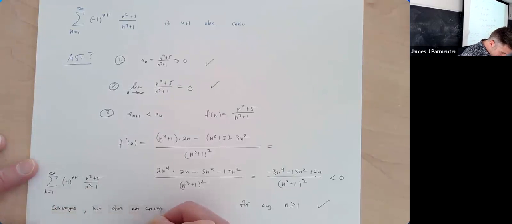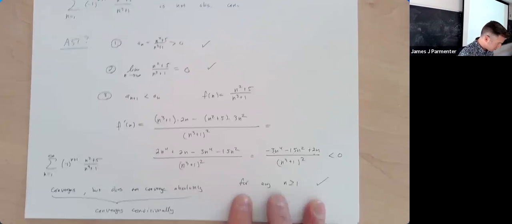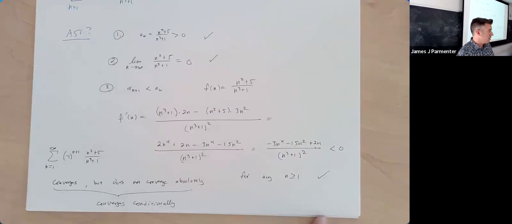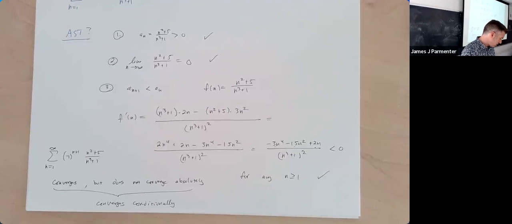And when this is the case, we say that it converges conditionally. So an alternating series that converges but doesn't converge absolutely is conditionally convergent. Conditional convergence is kind of weird.